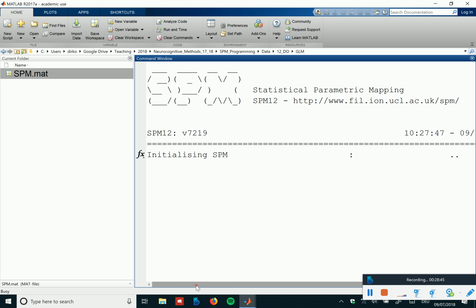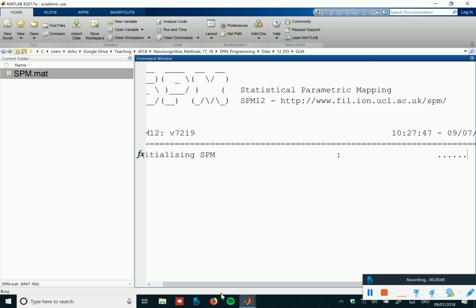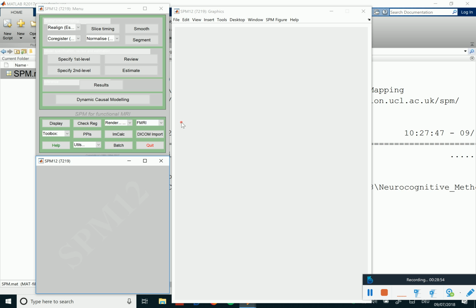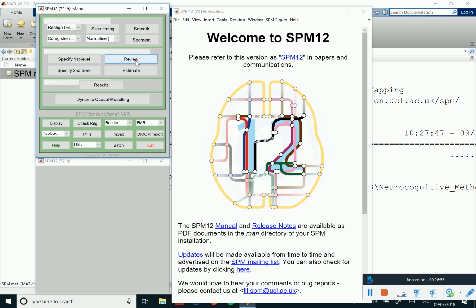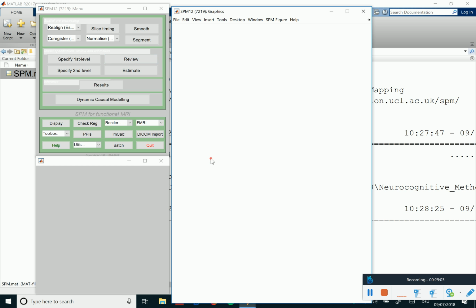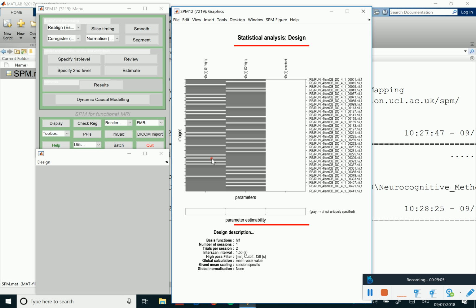So review allows you to review SPM GLM designs. Same thing, we have it nicely visualized here, although usually one cannot really read this, especially if one has multiple runs.